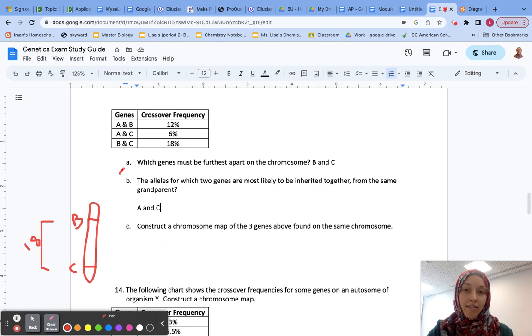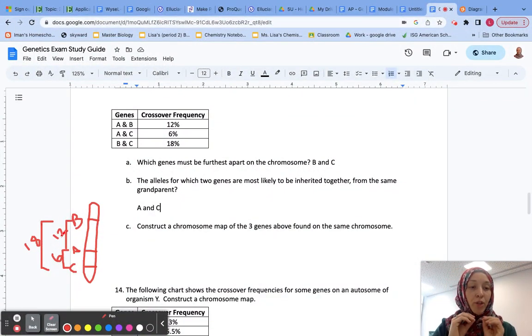Now, where is A? Okay, well, between A and B is 12, and between A and C is 6. So I'm going to put it here. Between A and C is 6, and between A and B is 12. And if you notice here, 12 plus 6 equals 18.